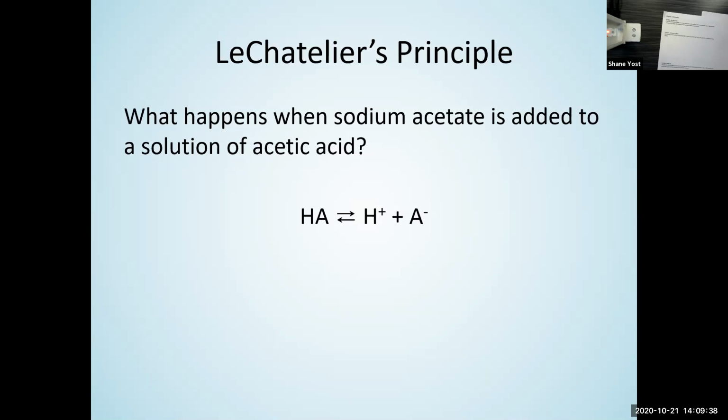The question is, what happens to this equilibrium when sodium acetate is added to the solution? Any thoughts on what might happen to our reaction when we add sodium acetate?